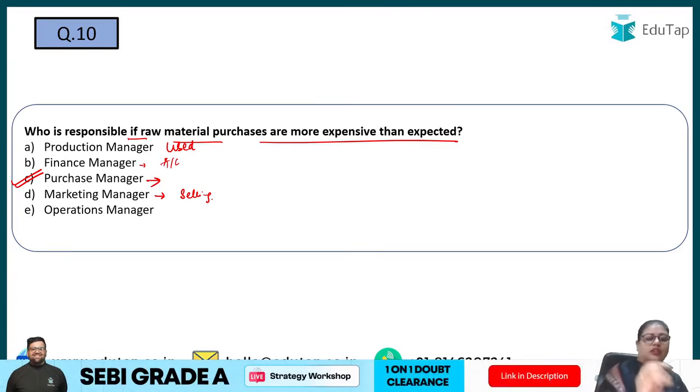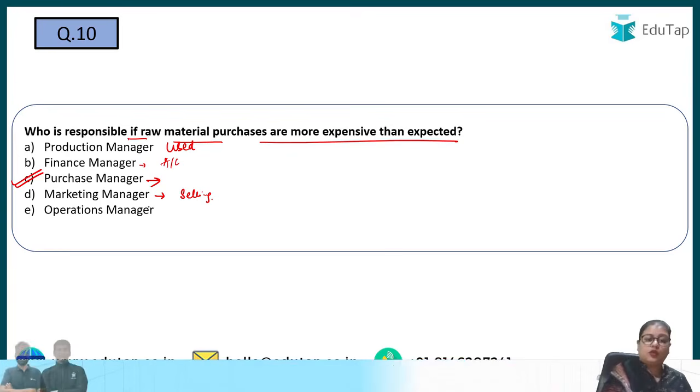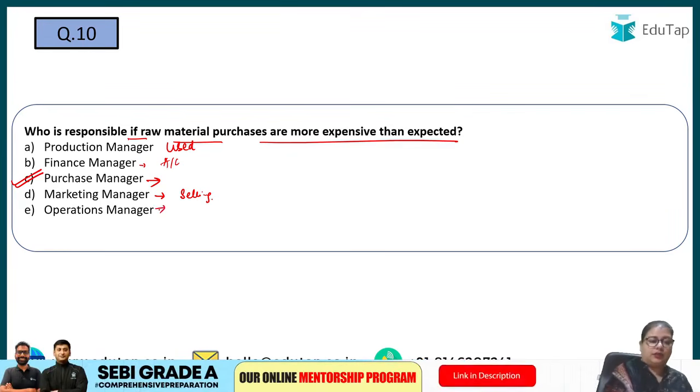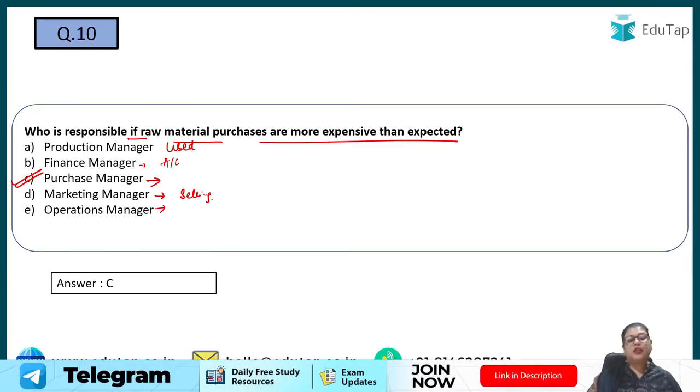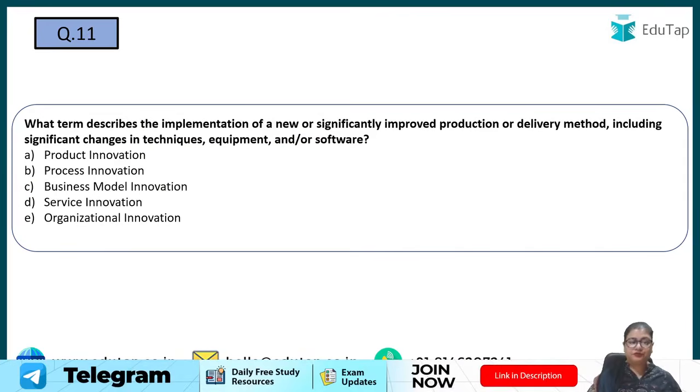I am not concerned about the purchases. So the operations manager is also incorrect. So the purchase manager is the correct answer. That is, he will be responsible, right? So option number C.